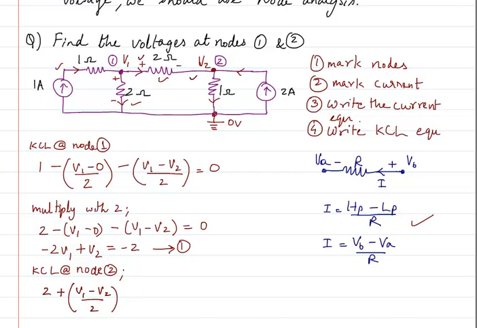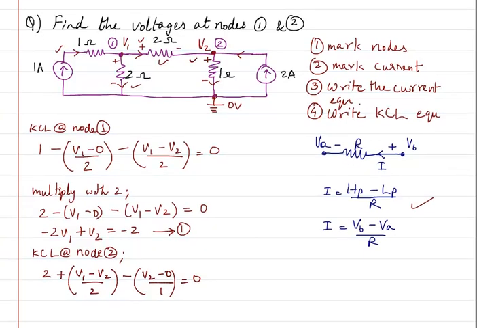And similarly here it is 1 ohm, and it is outgoing current, so minus of higher potential, this is going to be positive, this is going to be negative based on the direction of current. So I will write V2 minus 0 divided by 1 is equal to 0.